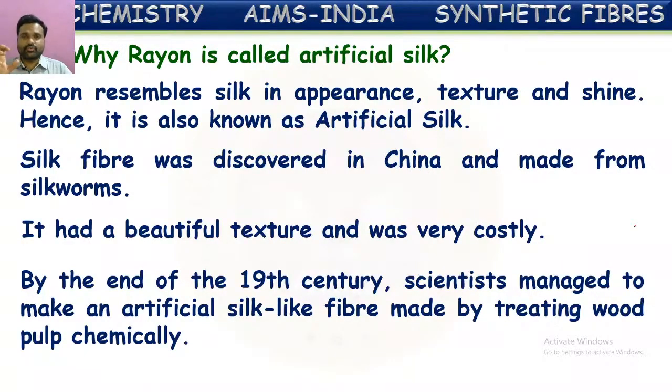They did not tell the world how the silk is prepared, but they made it into fiber and fabrics, and they sold this fiber and fabric at a higher cost to the world. Because of its smooth texture, people bought it at a higher cost. And finally, after a few years, scientists managed to find out how to prepare this artificial silk in the laboratory from chemicals.